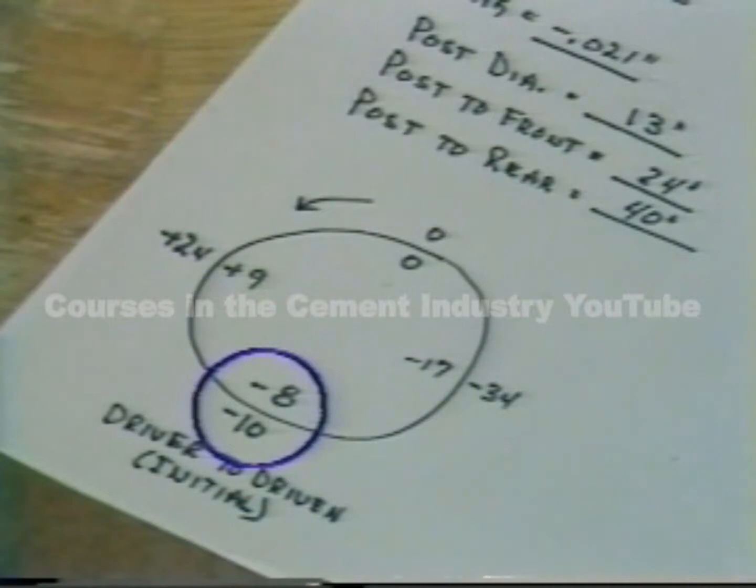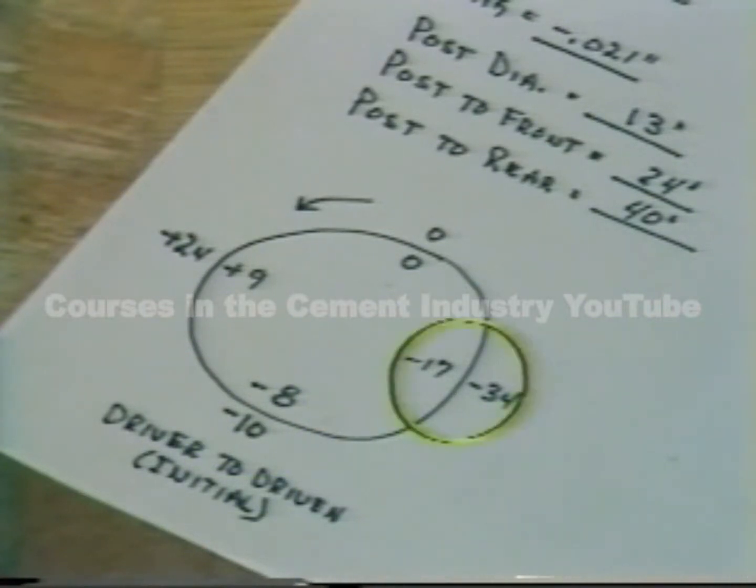The second point has negative 10 thousandths of an inch parallel and negative 8 thousandths of an inch angular. The last set has negative 34 thousandths of an inch parallel and negative 17 thousandths of an inch angular. Finally, the dials return to 0 at the top.